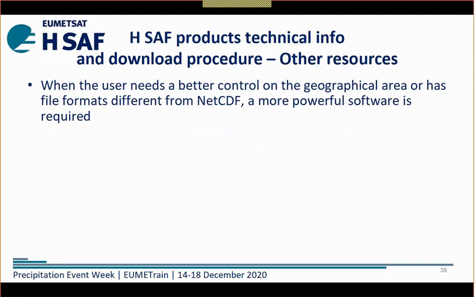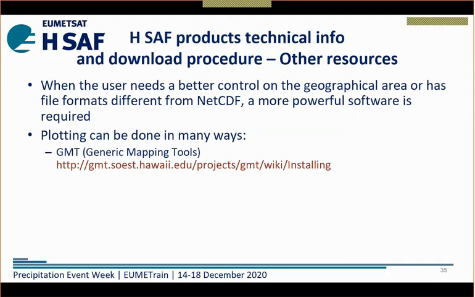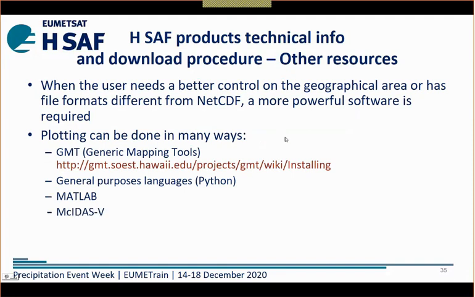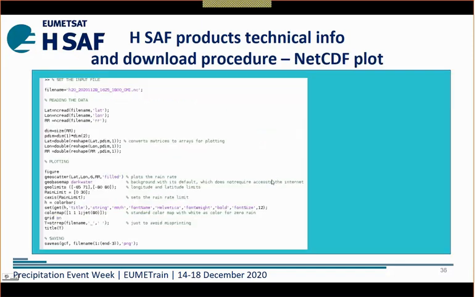So the other resources we can use are Generic Mapping Tools, as I told you before, or general purpose languages. I will not speak anymore about this: Matlab, or McIDAS-V. Now I present you 2 Matlab scripts for creating PNG files from NetCDF or text sources. They are quite the same. This is the first one.